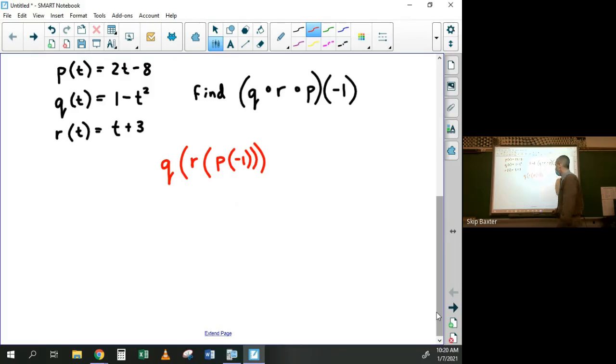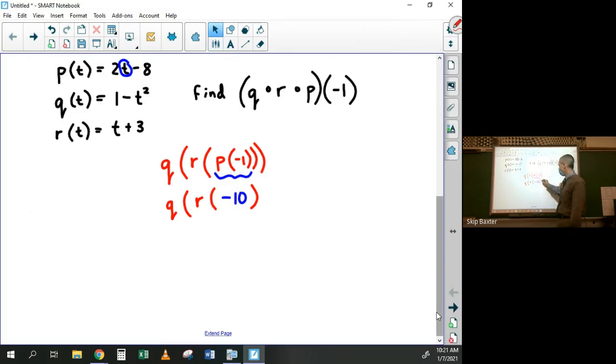So what is p of -1? -10, right. You plug -1 in for t in this function and you get -10. Now we're just going to find q of r of -10. Now you go to the next set of parentheses.